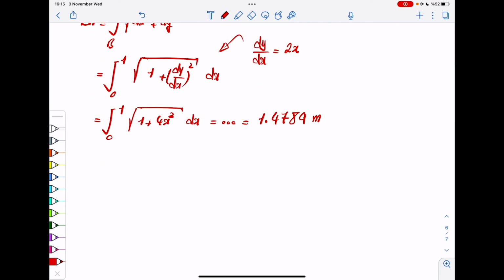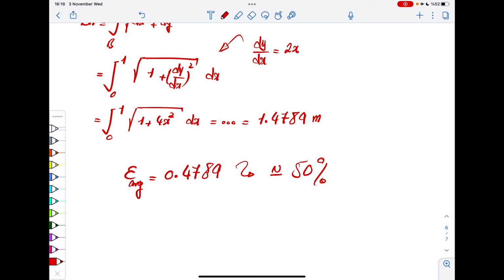So epsilon would be 0.4789. Again, dimensionless. Let's say this is about 50%. Okay.